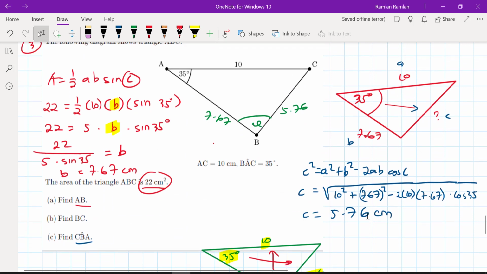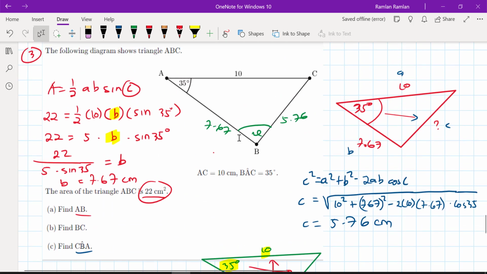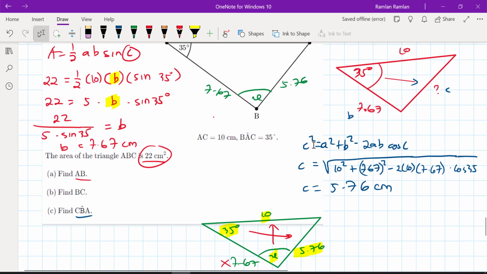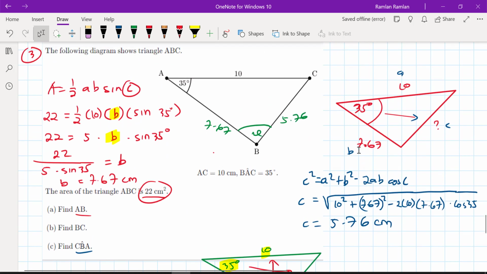In the cosine rule, I suggest you always use the concept in which the angle you use is always C. But for the sine rule, you can use A, B, C anywhere you want.